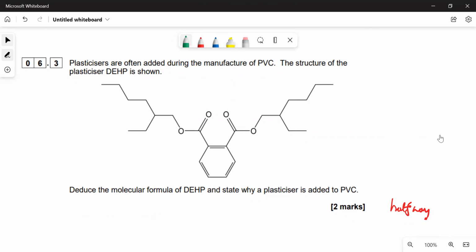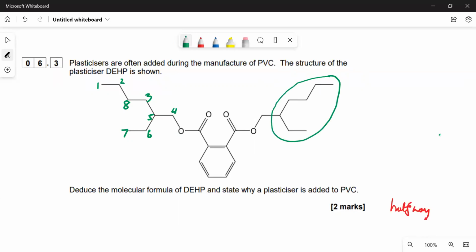So what I'm going to do is count up the carbon atoms first. So I've got 1, 2, 3, 4, 5, 6, 7. Well, I've missed one out there. There's 8. So we've got 8 carbons there. Now look, this bit here is exactly the same.